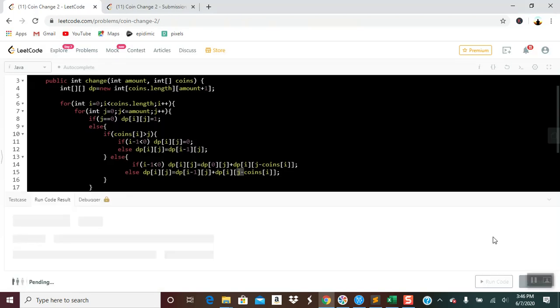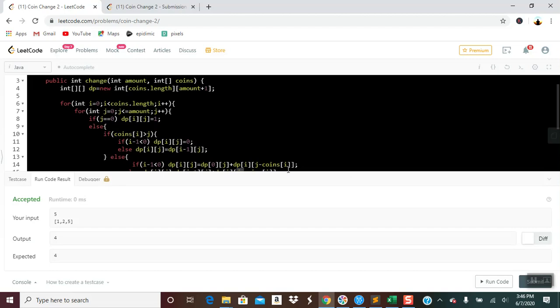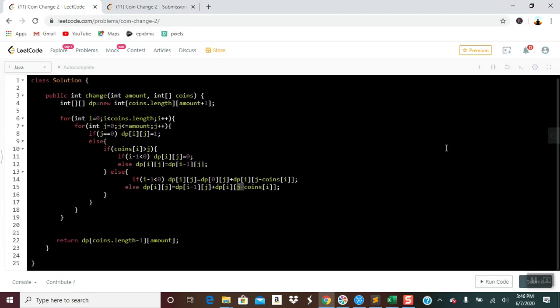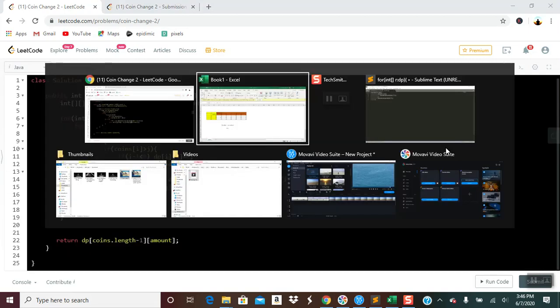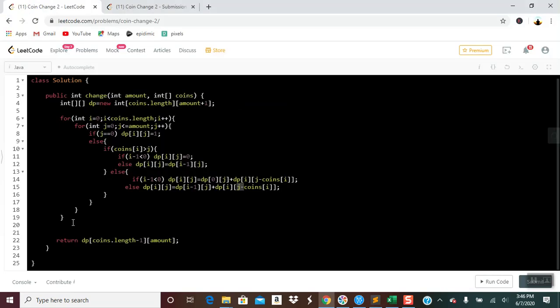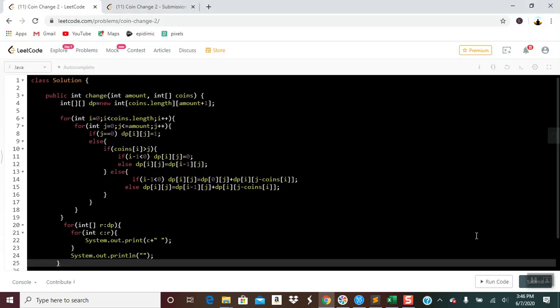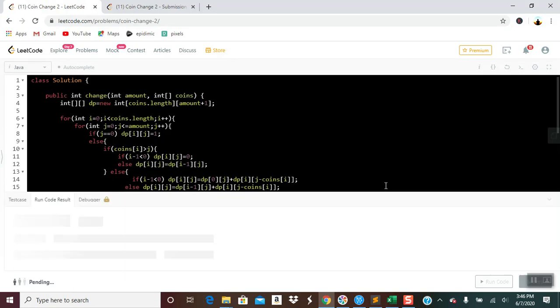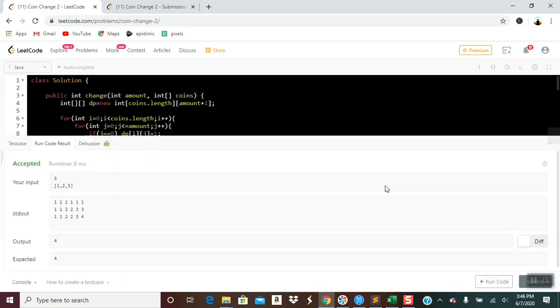Let's try running. Yes, it's working. Let me show you how I put it here, how that is being shown here. Yeah, so this is how it is being calculated exactly.